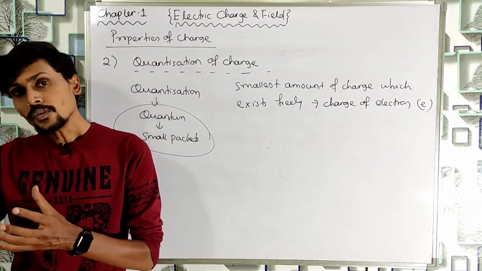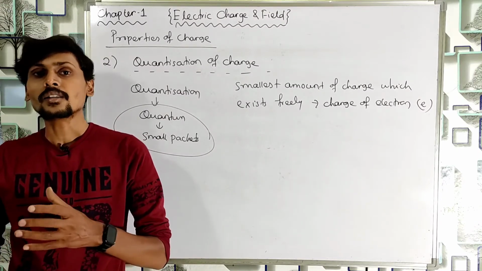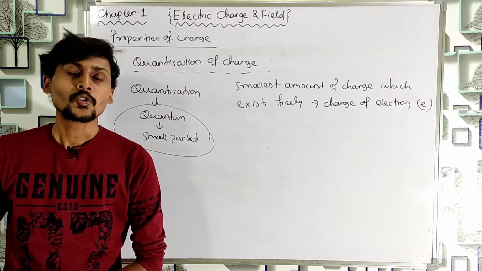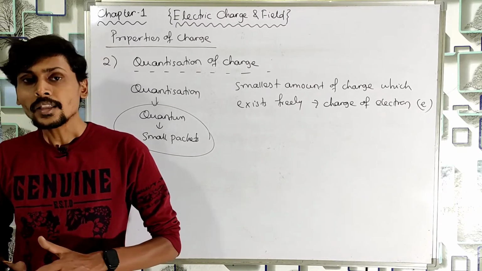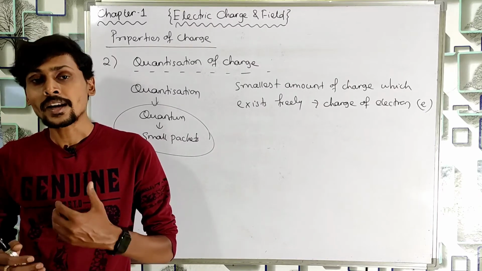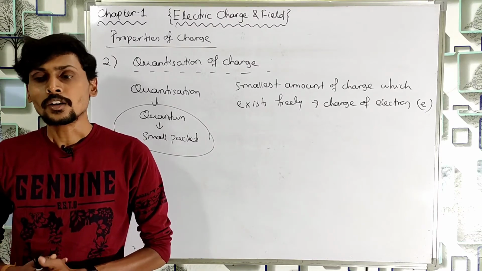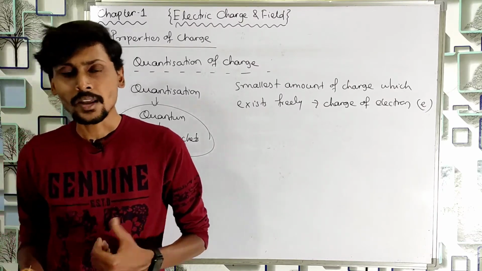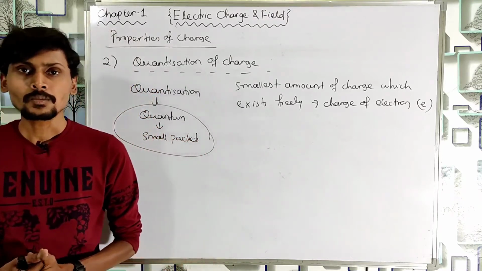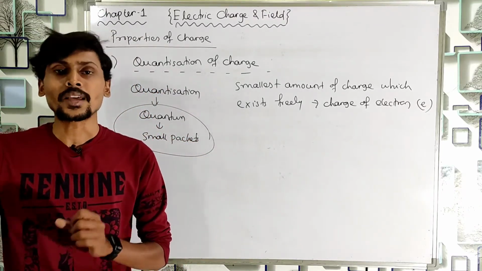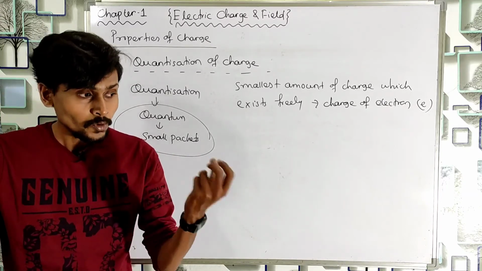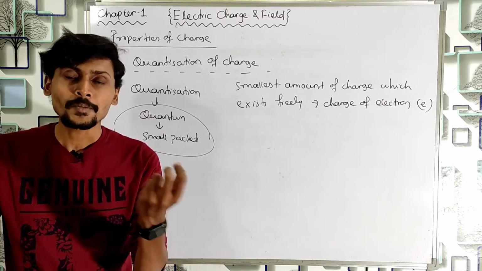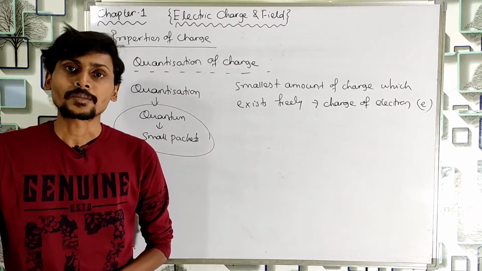So to remove the protons we need a very large amount of energy, which is not available to us. Means in our home we cannot get that amount of energy. If you set up a laboratory, then you can get the large amount of energy, but in day-to-day life we cannot supply that amount of energy so that we can remove protons from a body and electrify it.